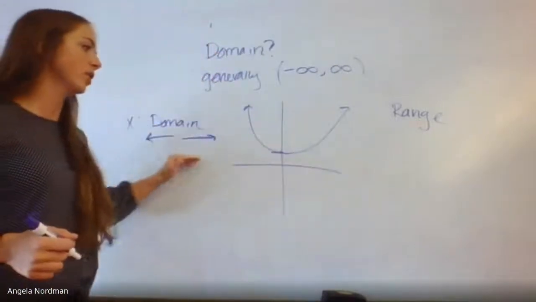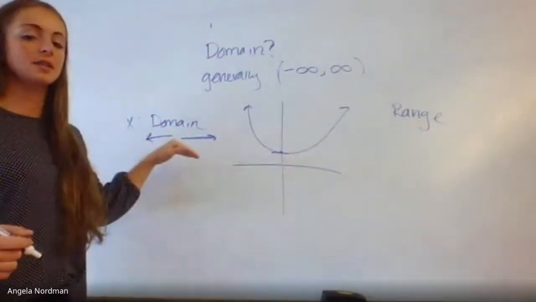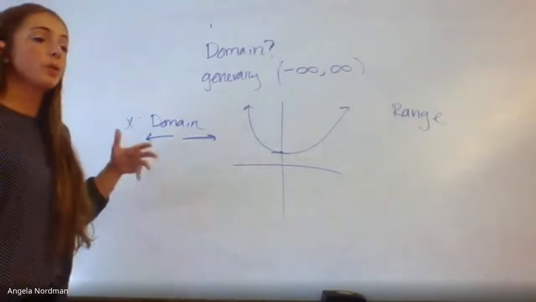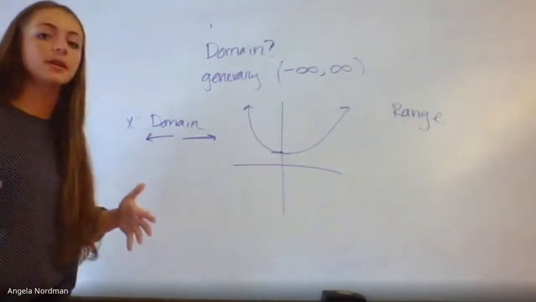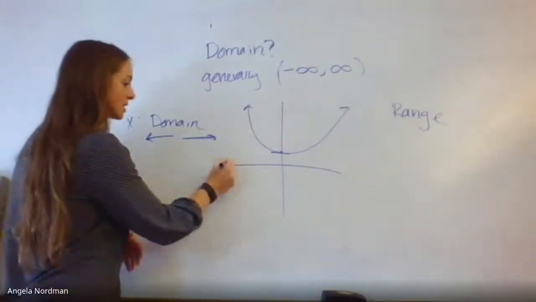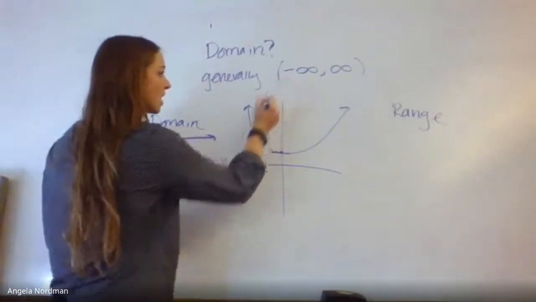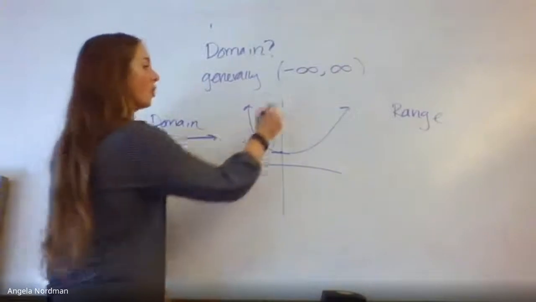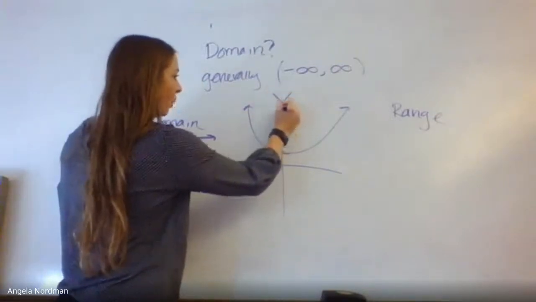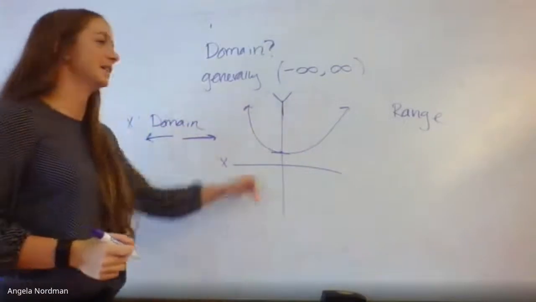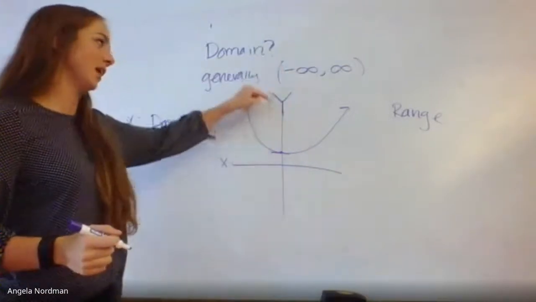This axis right here is my x-axis. So when I was super little, like probably 5th grade little, and they taught us that this was the x-axis and this was the y-axis, I was like, oh, the only way this is going to make sense to me is if I kind of make this into a y. So you can kind of see like the y-axis is the tail of the y.